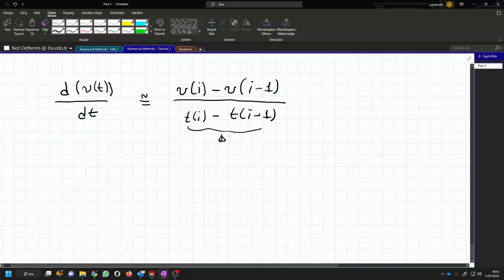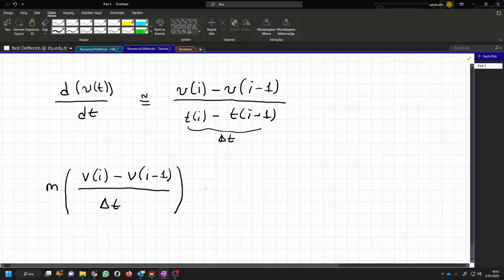This is delta t, by the way. And use this in our equation again. m times dv over dt, which is z double dot, so m times v(i) minus v(i minus 1) over delta t will be equal to sigma of f(i).